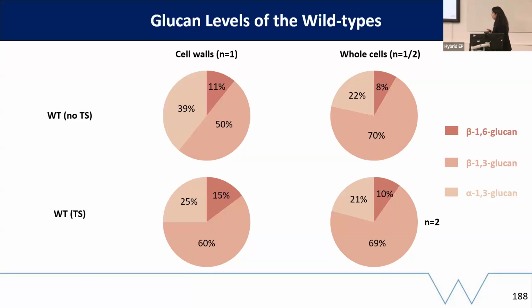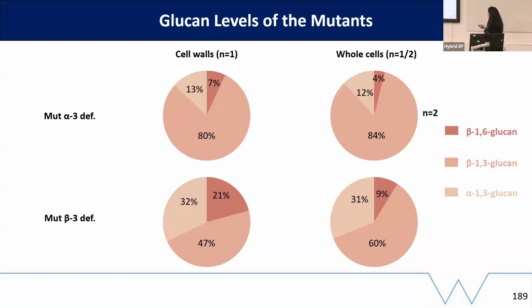Similar observations were seen in the whole cells, but the whole cells did not show much change because of the temperature shift, whereas the cell walls did show a difference in the composition because of the temperature. So we are yet to investigate that by growing more batches and trying to see how it is changing.